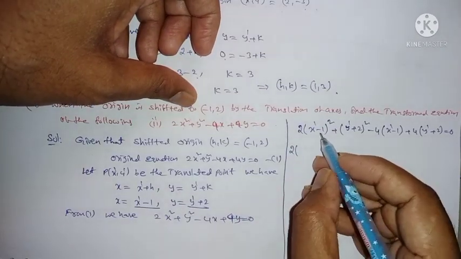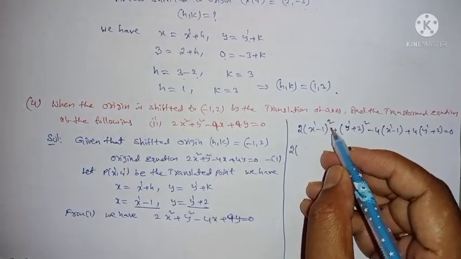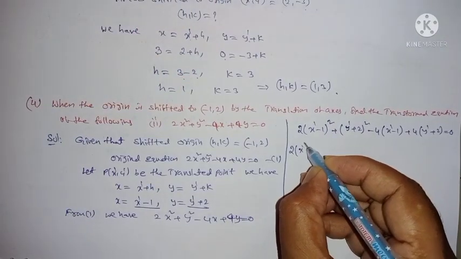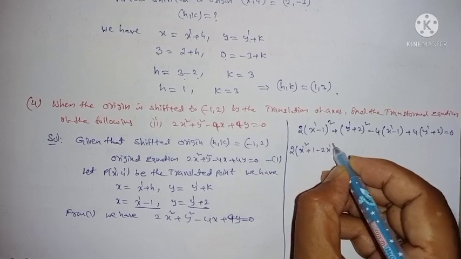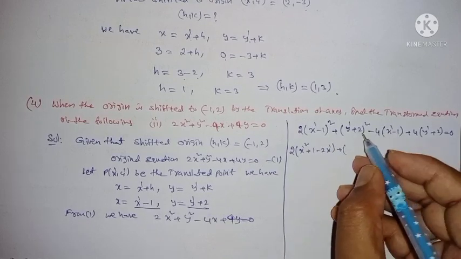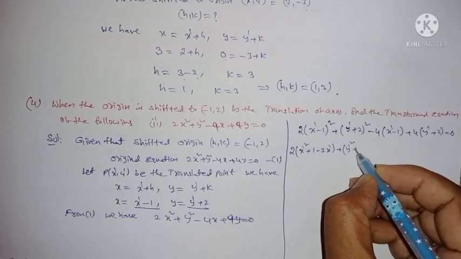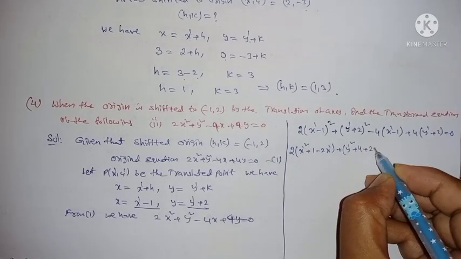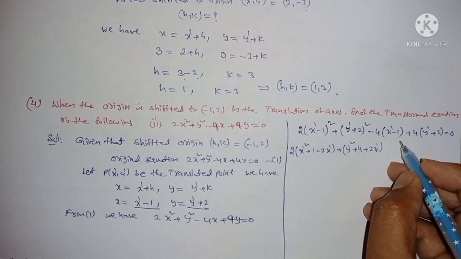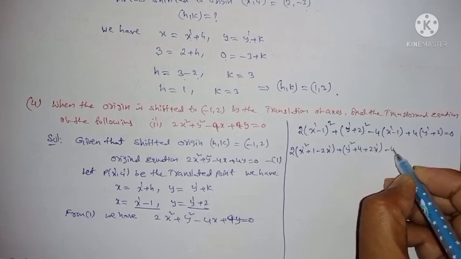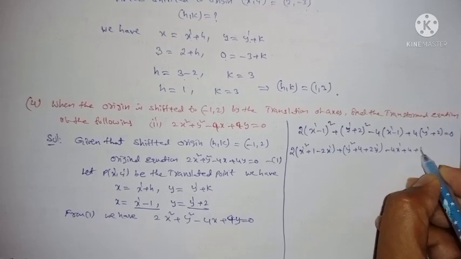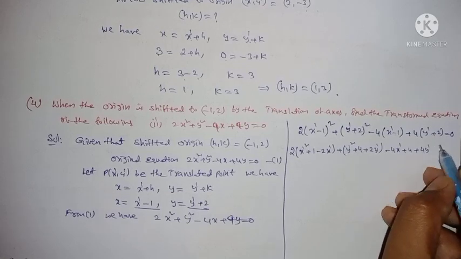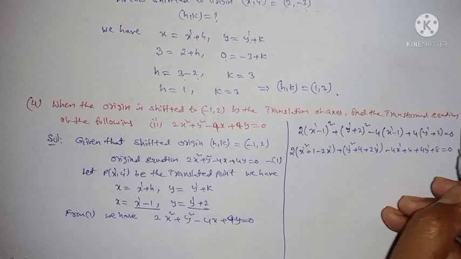What is the simplification? (a − b) whole square: x'² + 1 − 2x', and y'² + 4 + 4y', minus 4x' plus 4, plus 4y', plus 4 into 2 is nothing but 8, is equal to 0.